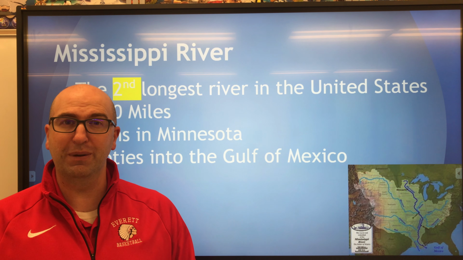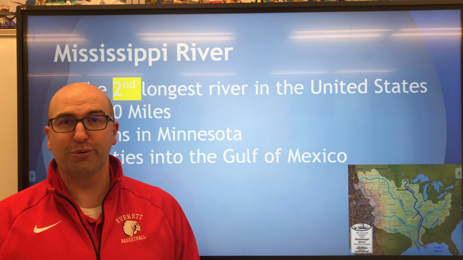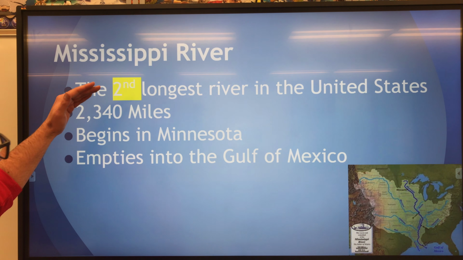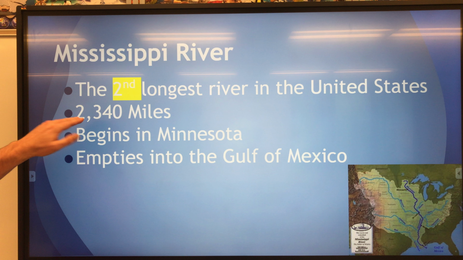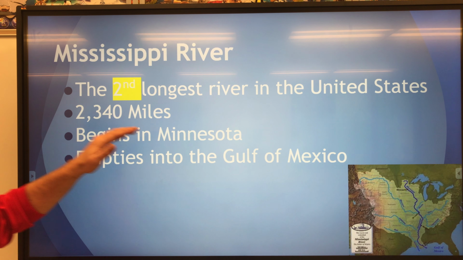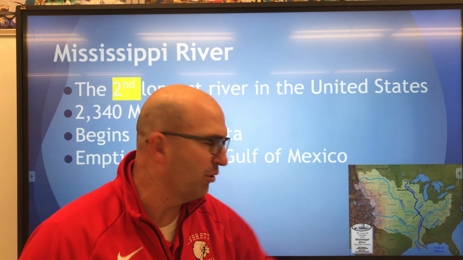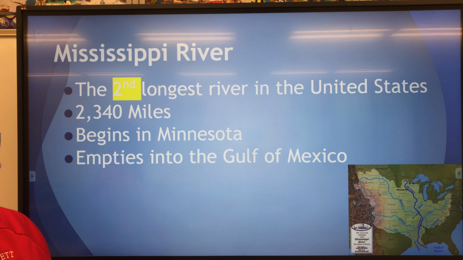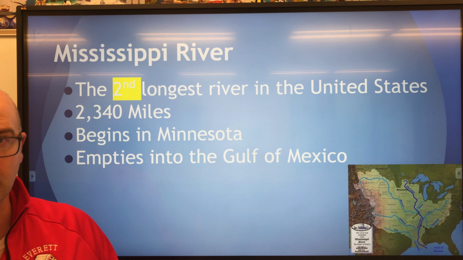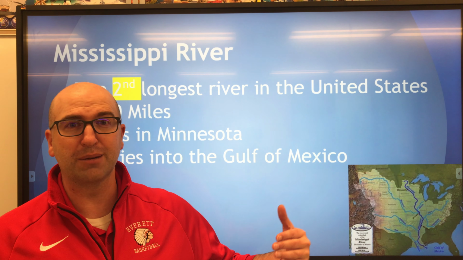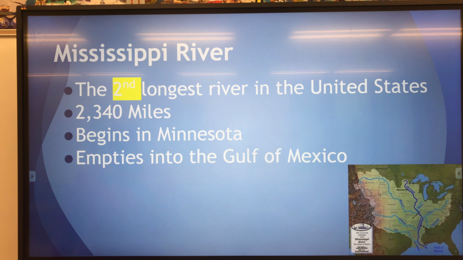So it has been a big shipping and transportation hub all throughout our country's history. It's the second longest river in the United States, a little bit shorter than the Missouri River, 2,340 miles. It begins up here in the state of Minnesota, and as I said, it flows south into the Gulf of Mexico. And the Mississippi River has many tributaries, or other rivers and streams that flow into it.